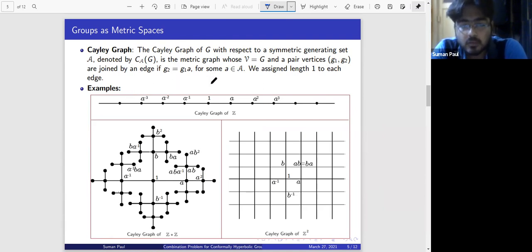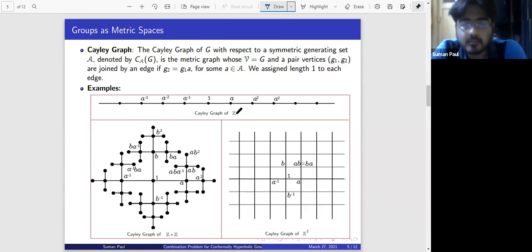It will be clear once we give the examples. So for example, take the Cayley graph of Z. This is a basic example. Z is generated by one element. You have to take a symmetric generating set, so we include A inverse also.